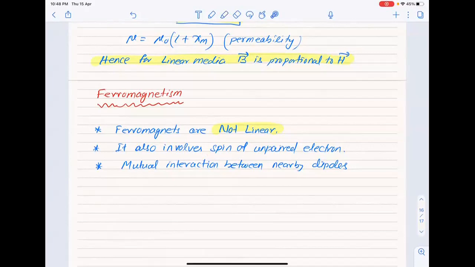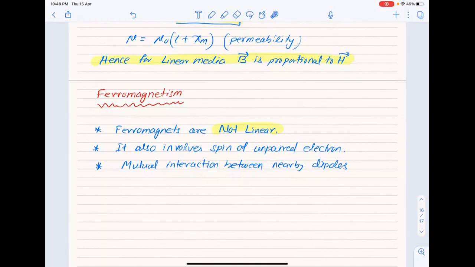In the paramagnetic case, the spin of unpaired electrons plays an important role. Here also, the spin of unpaired electrons is important for ferromagnetism. So what is different here from the paramagnetic case? Here there is some mutual interaction between nearby dipoles, and those interactions are quantum mechanical in nature.